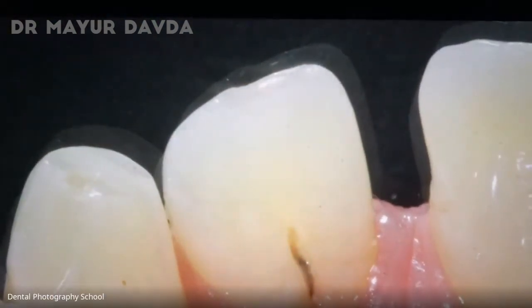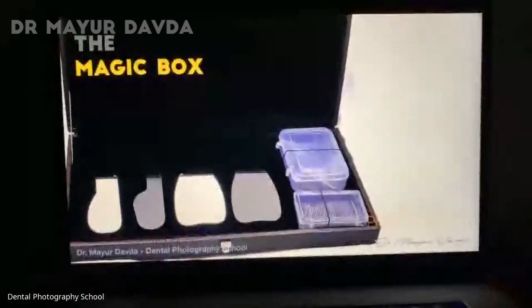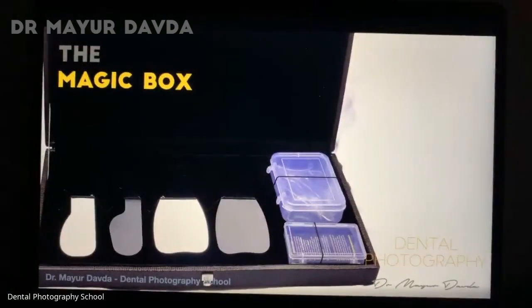I'm not really sure if anybody has seen this in their documentation before, but it's because of a faulty mirror. Always use front surface coated mirrors, like the ones that we give to all of you in the magic box. All right.